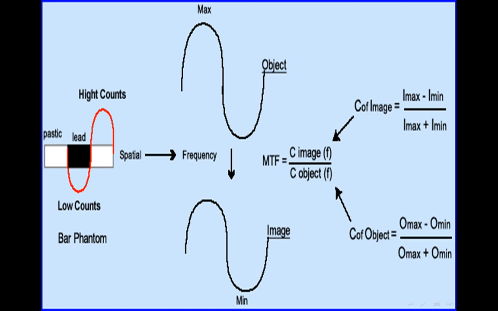So if I wanted to calculate MTF, I have to calculate the contrast of the image divided by the contrast of the object in the real. The contrast of the object is equal to 1 because it is a real value, not dependent on the imaging system. Any object has a contrast equal to 1.